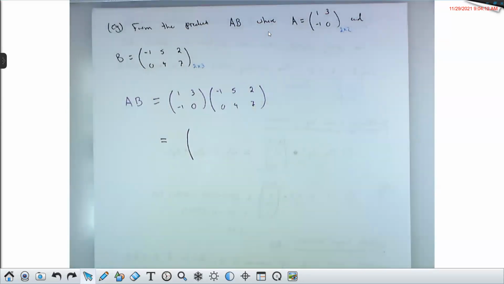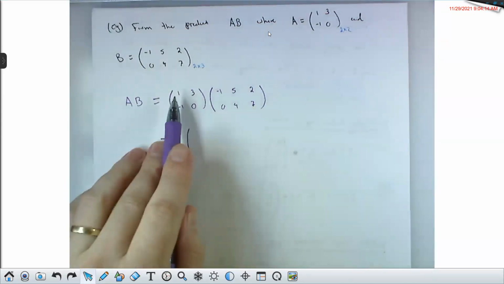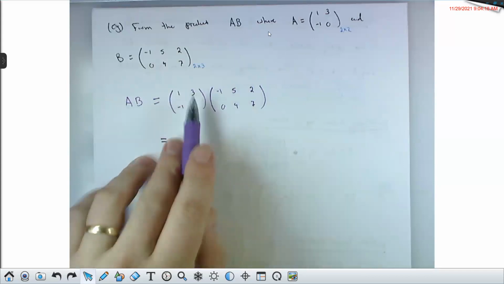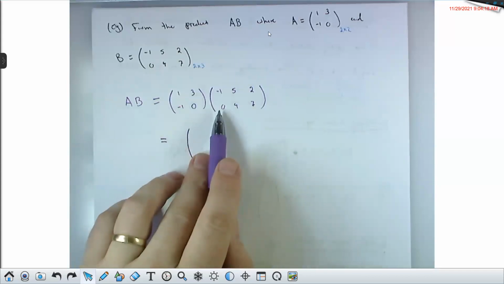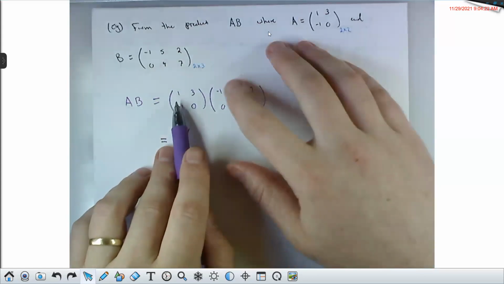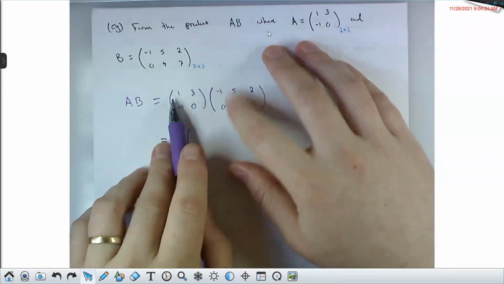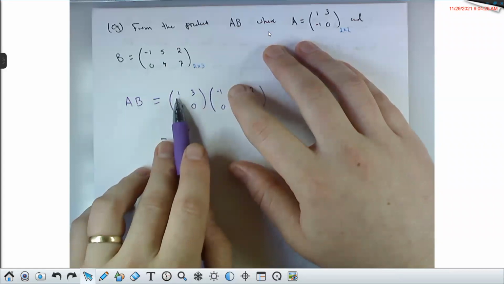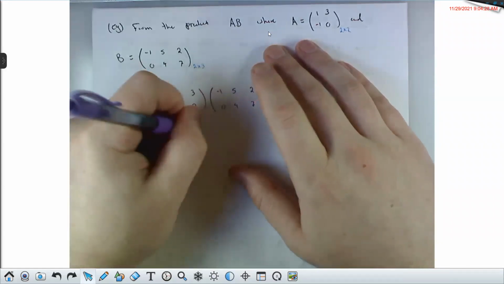whose first entry is going to be the first row of A times the first column of B. So the first row of A times the first column of B, that's 1 times -1 plus 3 times 0.